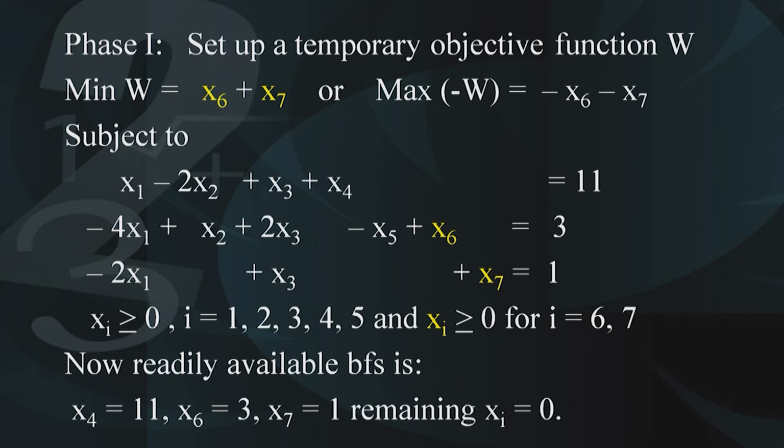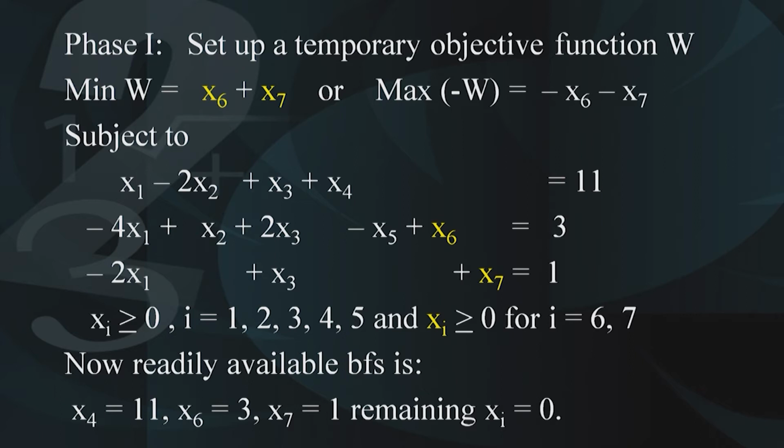We will call this objective function w, so that we can differentiate it from our original objective function, which we called z. So, our new objective function becomes minimization of x6 plus x7.